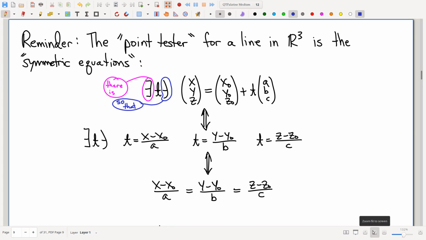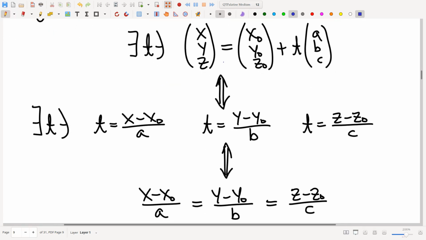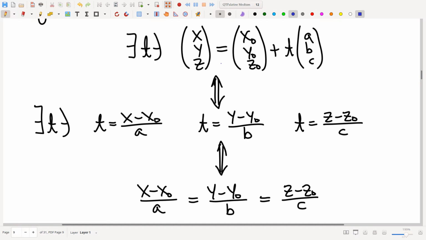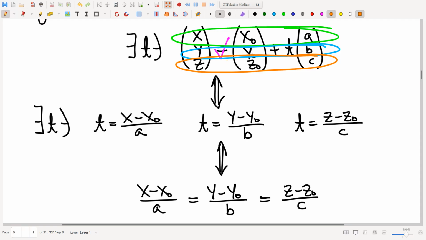All right. Okay, so again, there's a clever move. The clever move is as follows. If this vector equation is going to work, then likewise, I would need all three coordinate equations to work. The three coordinate equations, I can solve for t.